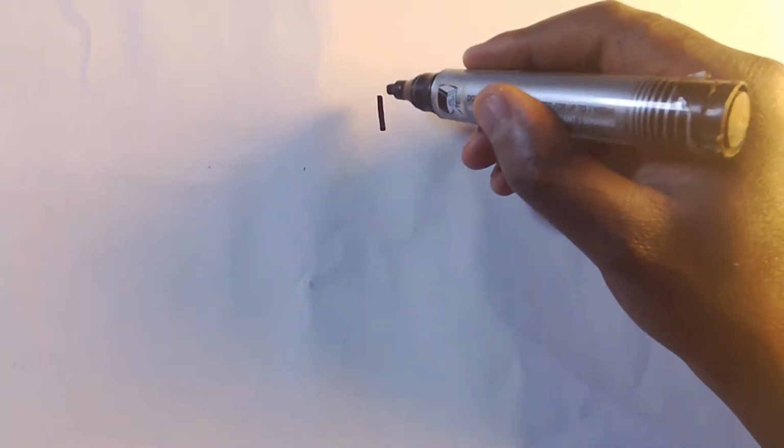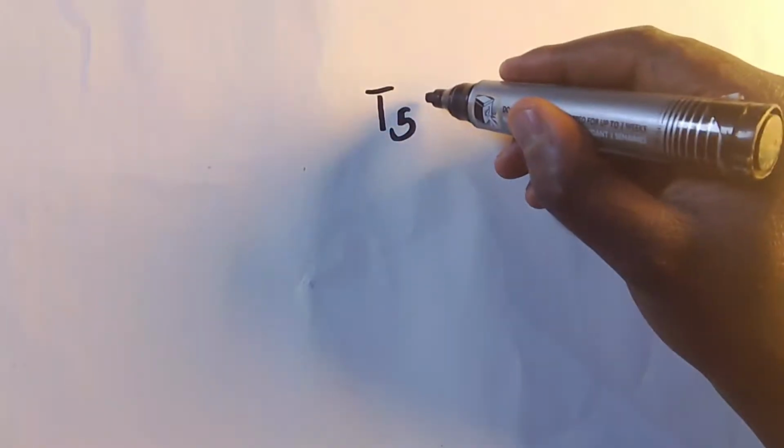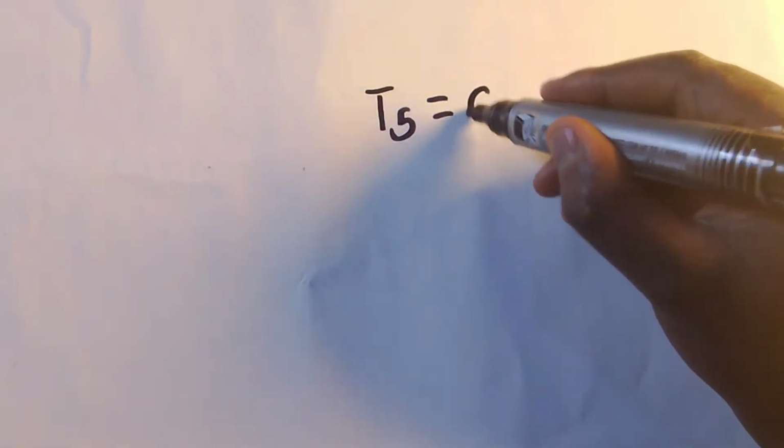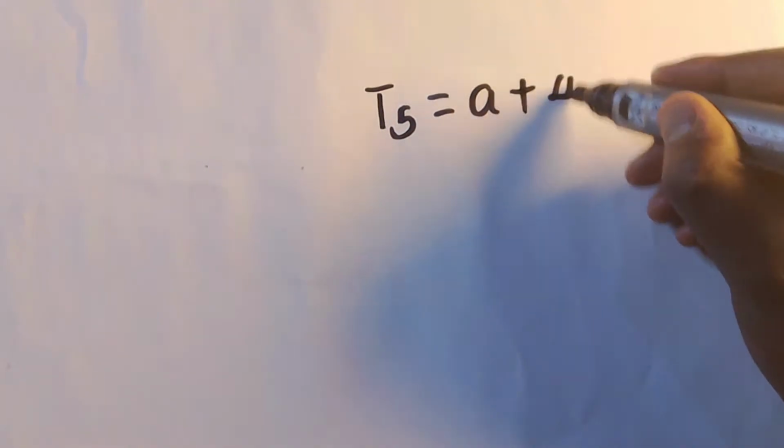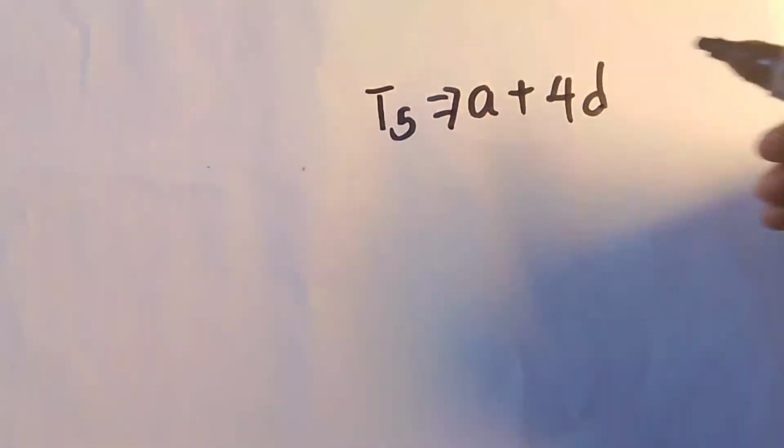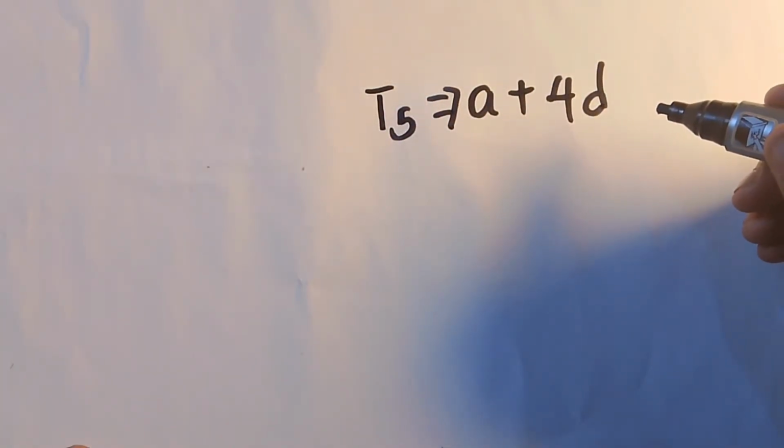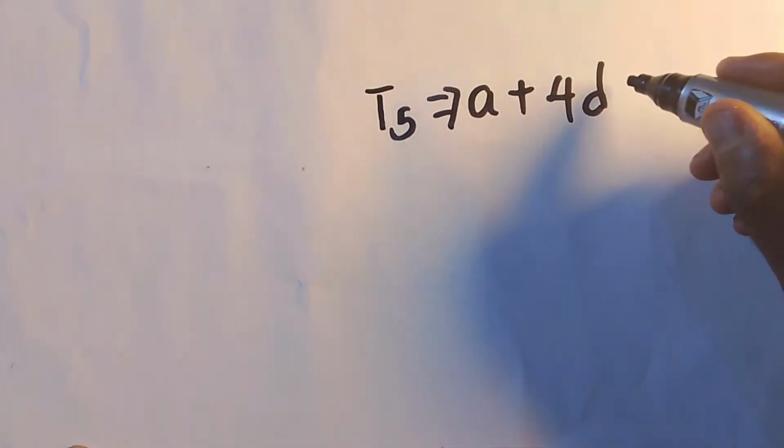Let's continue. The fifth term of an AP is 82. We said T5 is a plus 4d, so that is what we are told is 82.